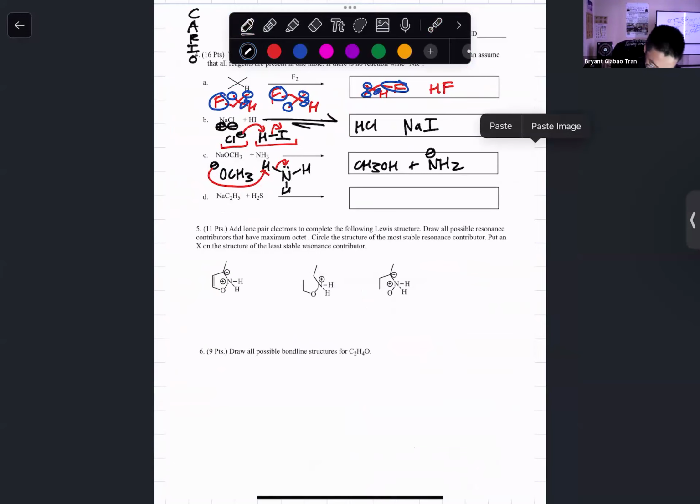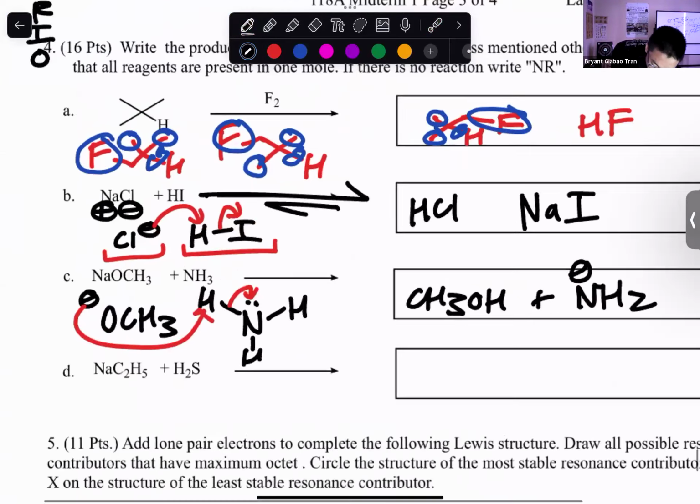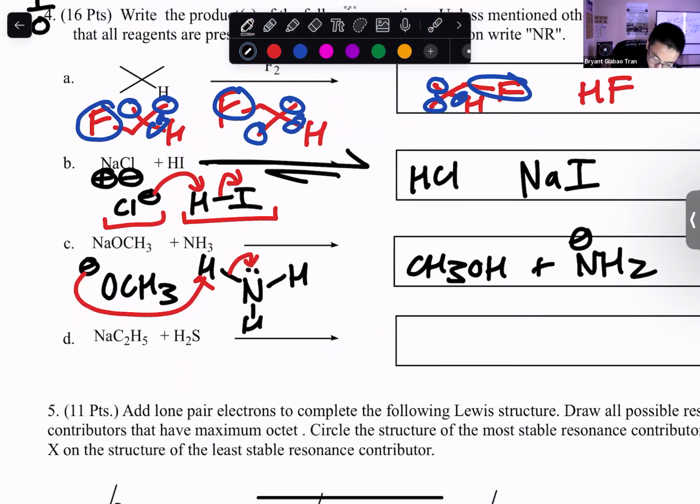But be careful here. Which negative charge is more stable? The negative charge on the oxygen or the negative charge on the nitrogen? And what factor explains that?